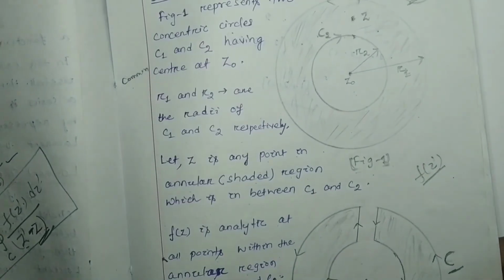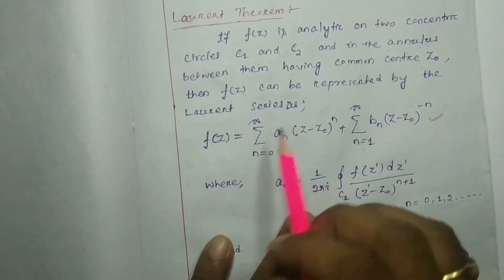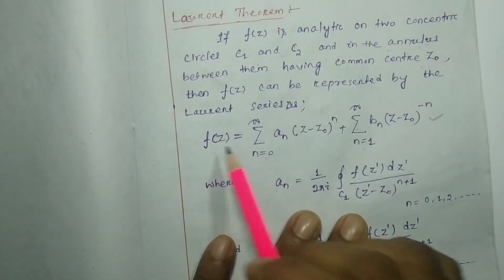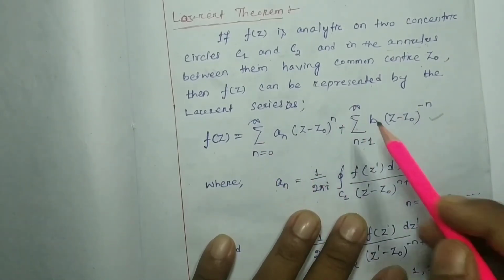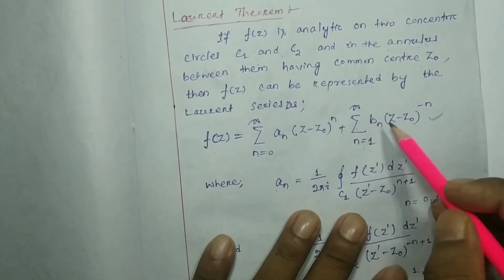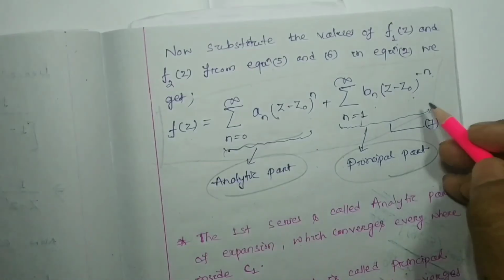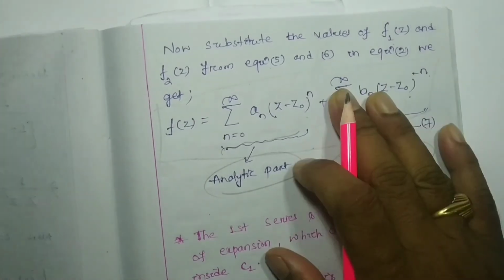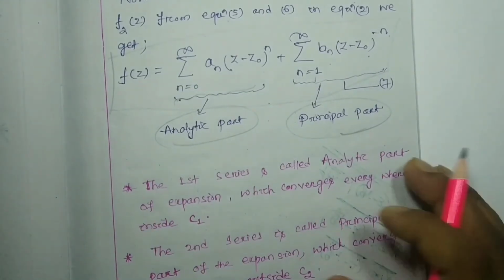You can see that initially we had written, according to the theorem, f(z) should be summation over n equal to 0 to infinity an (z minus z0) to the power n plus summation over 1 to infinity bn (z minus z0) to the power minus n. Here we have proved this one, and we have to use this for doing the numericals that we are going to discuss in our next class.